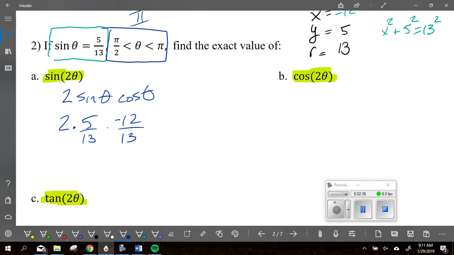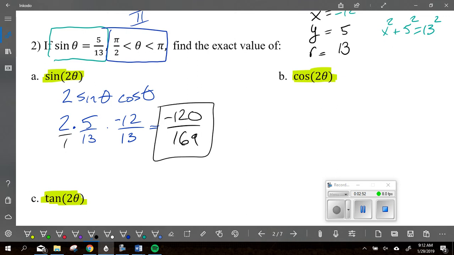Find an answer. Don't use your calculator. Don't fall into the trap here. Sometimes students will multiply both top and bottom by 2. That's 2 over 1. So on my bottom is 169. On top, 2 times 5 is 10, times negative 12 is negative 120. There's my answer.